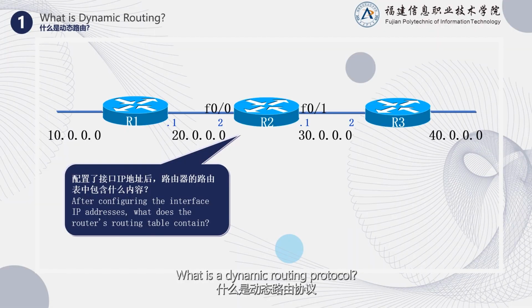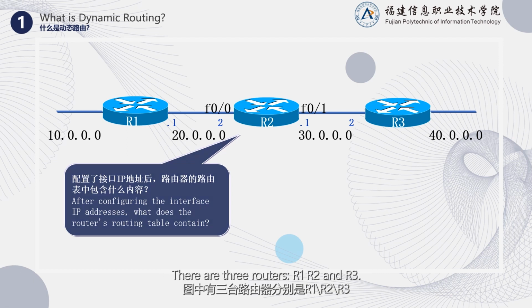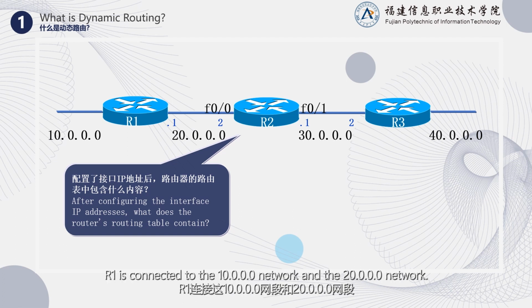These protocols are commonly used in medium to large networks. What is a dynamic routing protocol? Let's look at the topology diagram below. There are three routers, R1, R2, and R3. R1 is connected to the 10.0.0.0 network and the 20.0.0.0 network.